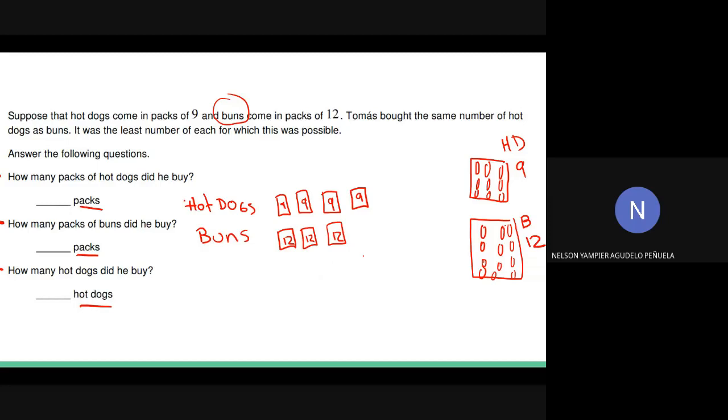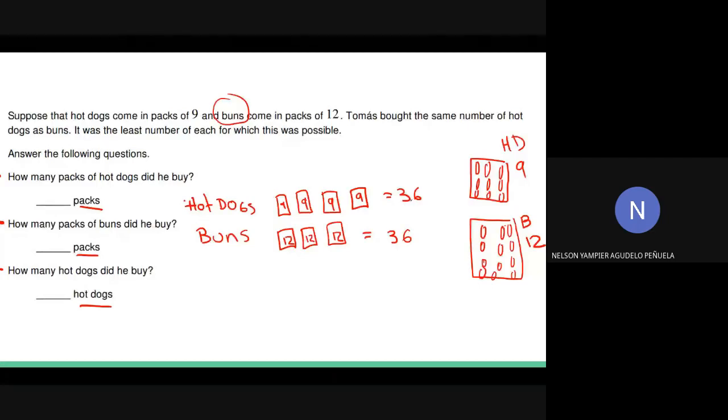How many hot dogs are there? Hot dogs, 36. And buns, 36 also. So, okay.